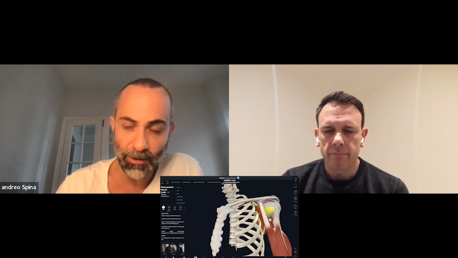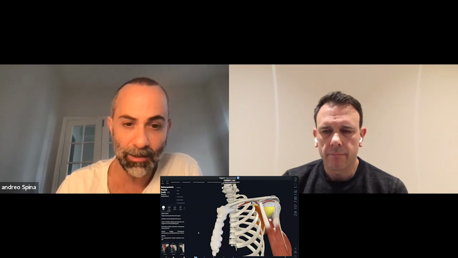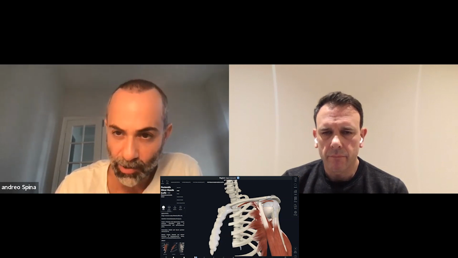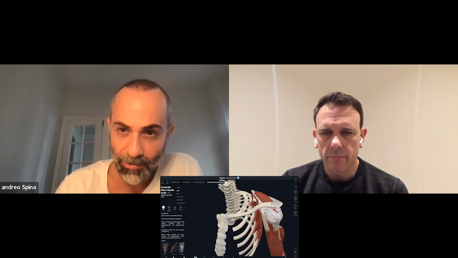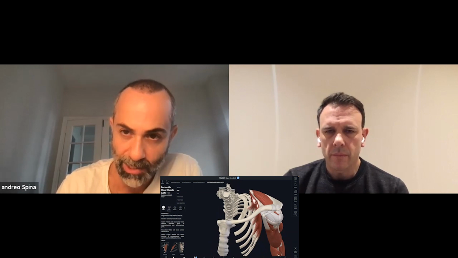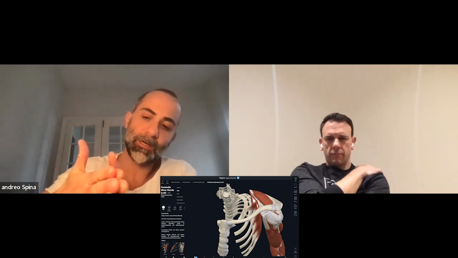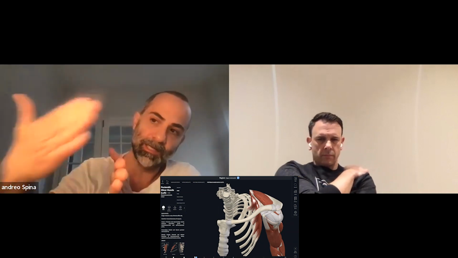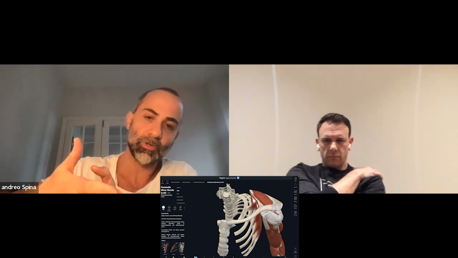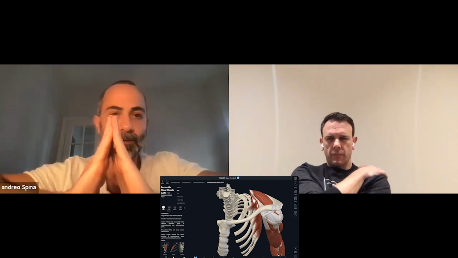So now, here's subscap, I'm going to add back the serratus. And now you see that the serratus and the subscap come together to form a point on the medial border of the scapula. So there's like a relationship between them.